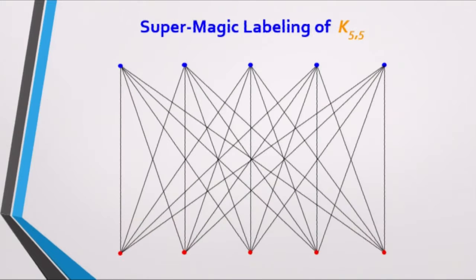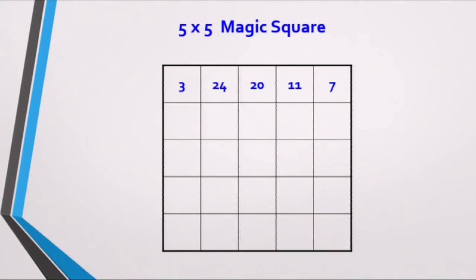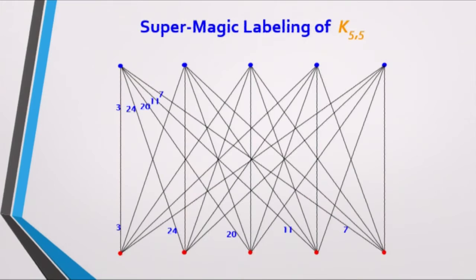All right, K5. We are going to have to look at this one, the graph and also the magic square separately. So the first row, we are going to label 3, 24, 20, 11, and 7. And here is the first row number.